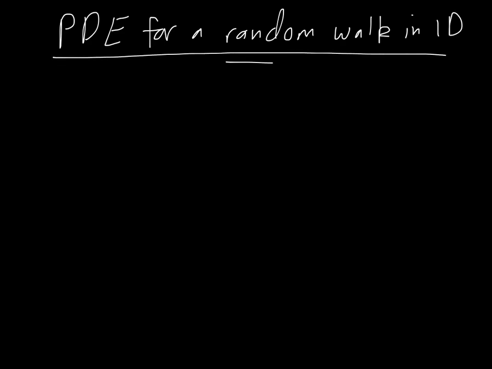So we're considering, let's assume that we have an individual, and we can use our imagination as to what this individual is, a particle, a human, an animal, something. And we're going to assume that this individual is walking along the x-axis and can only move either right or left. And without loss of generality, let's assume that this individual starts where x is 0.